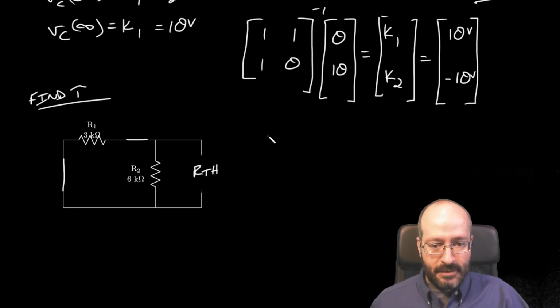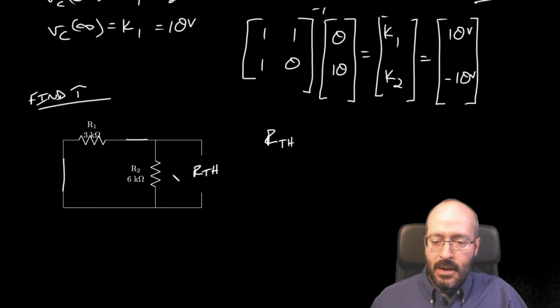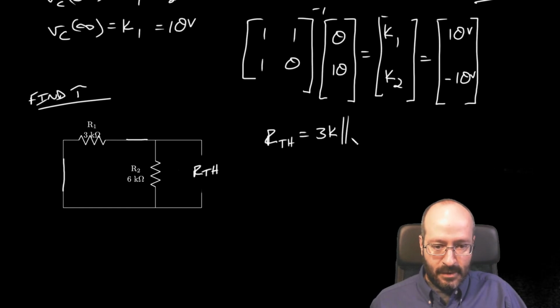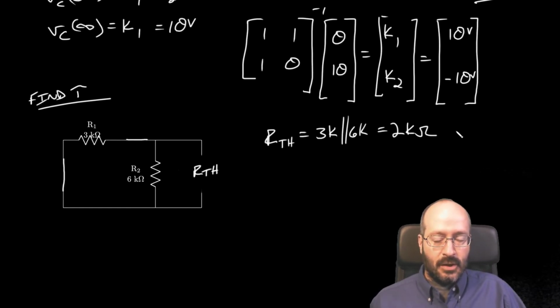So R Thevenin in this case, in my head I'm doing method 1. 6K is in parallel with 3K. They're both connected to this node up here, and they're both connected to this node down here. So R Thevenin is 3K in parallel with 6K, which is known as 2 kiloohms.